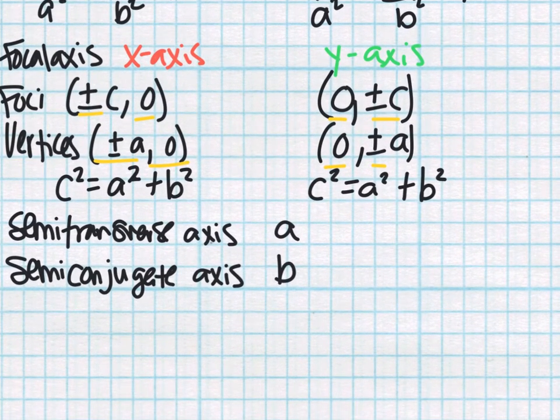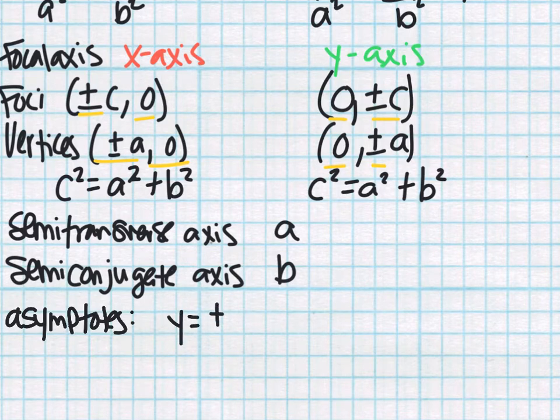Let's see, the formula for finding the asymptotes is different for each of these. For our x-axis focal axis, we have y equals plus and minus b over a x. Because we have two asymptotes, so it's got to be plus and minus.